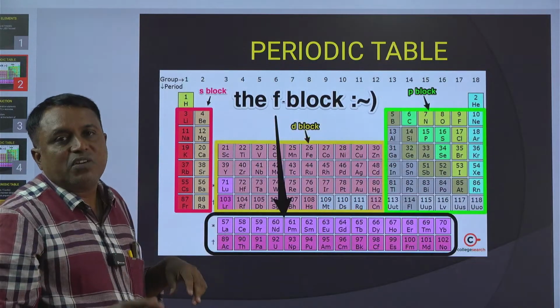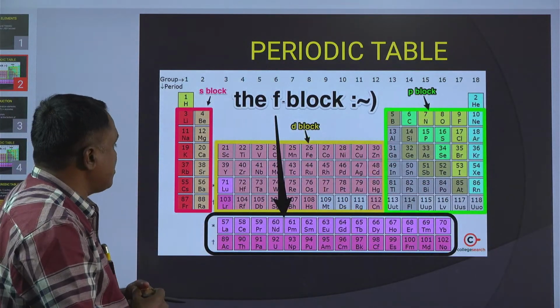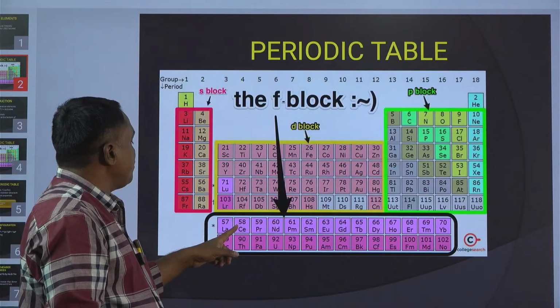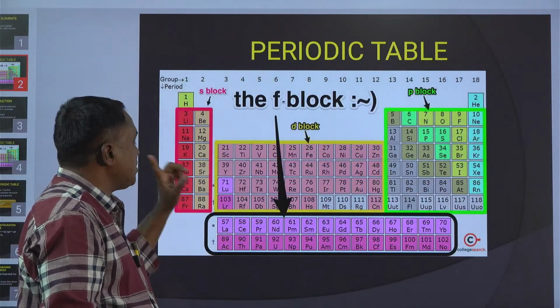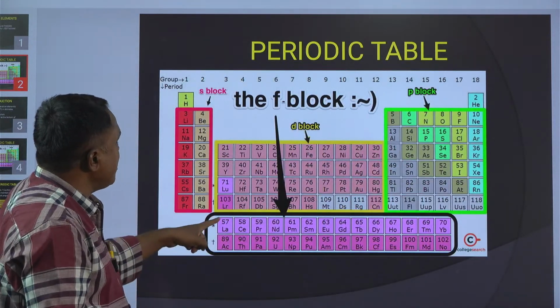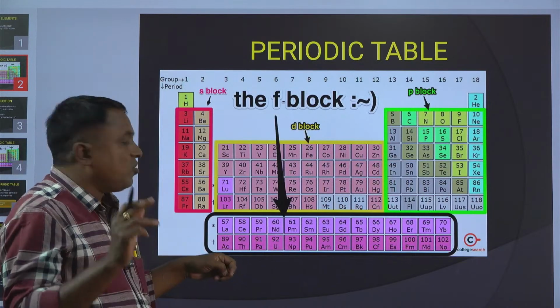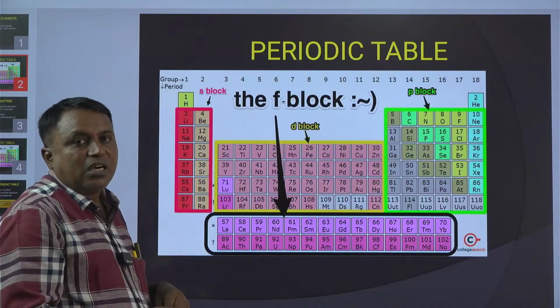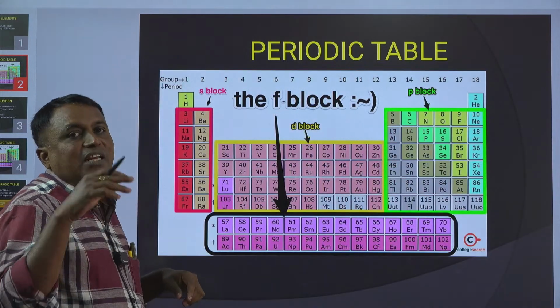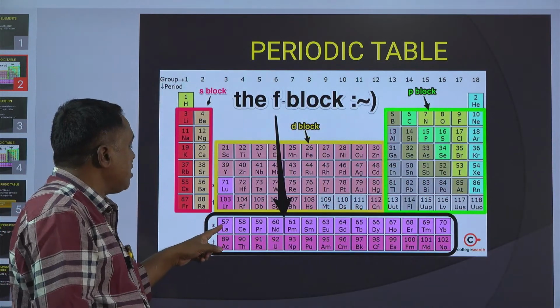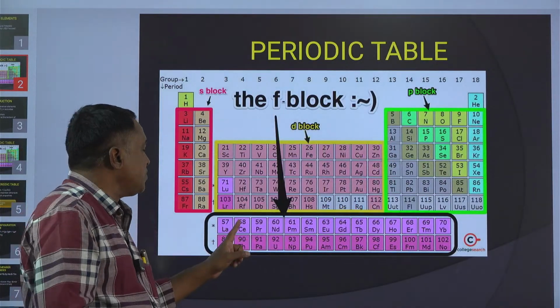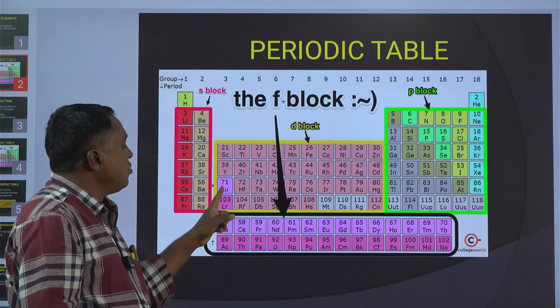Therefore they are called inner transition elements. The elements which follow lanthanum 57, from cerium 58 to lutetium 71, are called lanthanides.